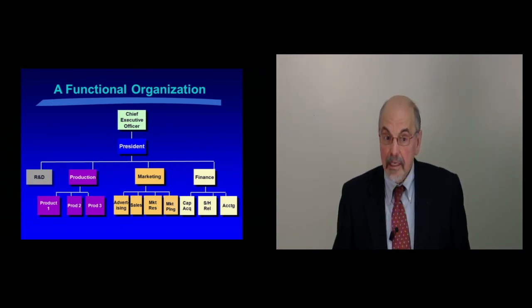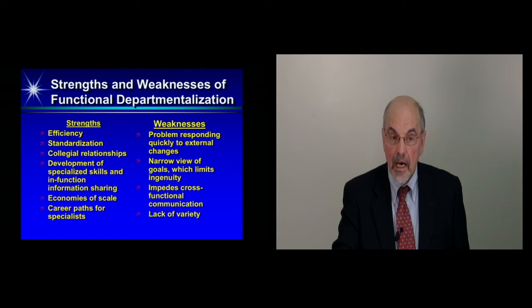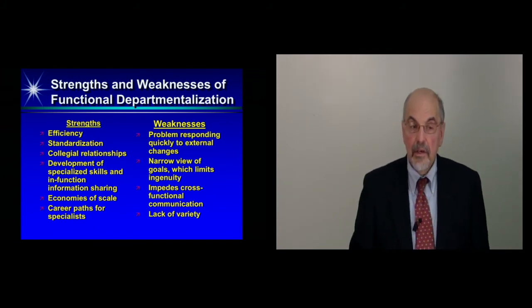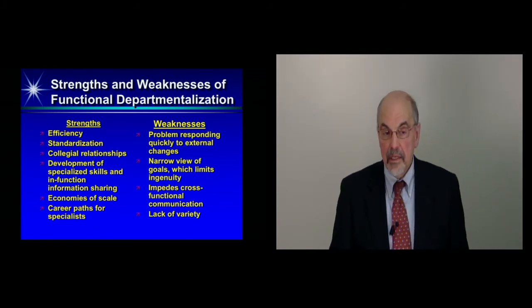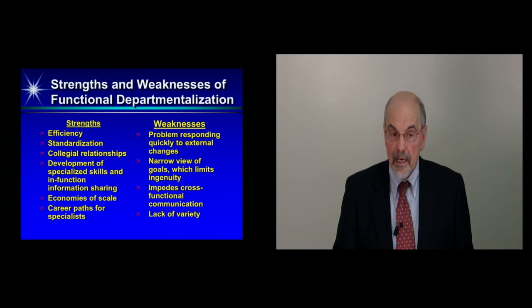However, in the modern and very turbulent era, we'll find that a lot of these functional organizations are now being replaced by more innovative organizations that are better able to respond to the changes in the environment. Let's take a quick look at some of the advantages and disadvantages of a functional organization. The strengths include efficiency, that people are there together, you know where to go to find what you need, developing specialized skills, economies of scale, all the things that we just mentioned.